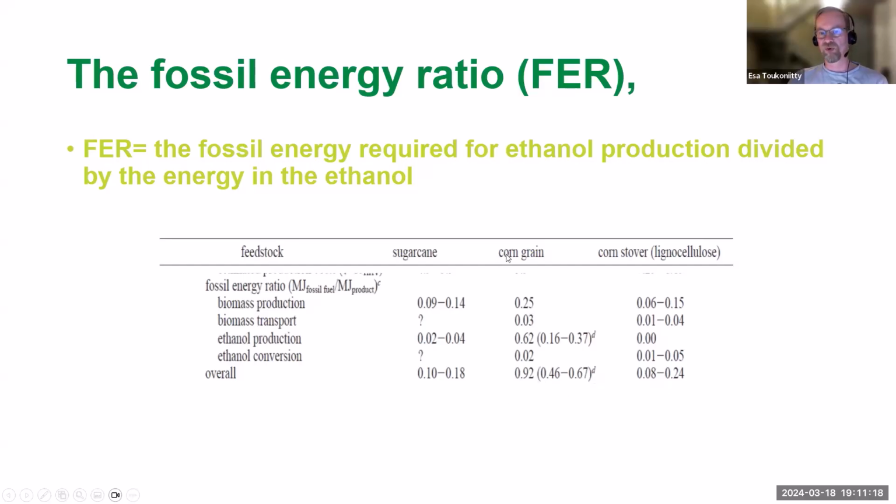And also for corn grain based, this 0.92 reading is quite high, but I remember that there was a very active debate by the time this article was published, and a bit earlier already, and I mainly took this table here because there were lots of concerns that there is not really a net energy gain in bioethanol production.